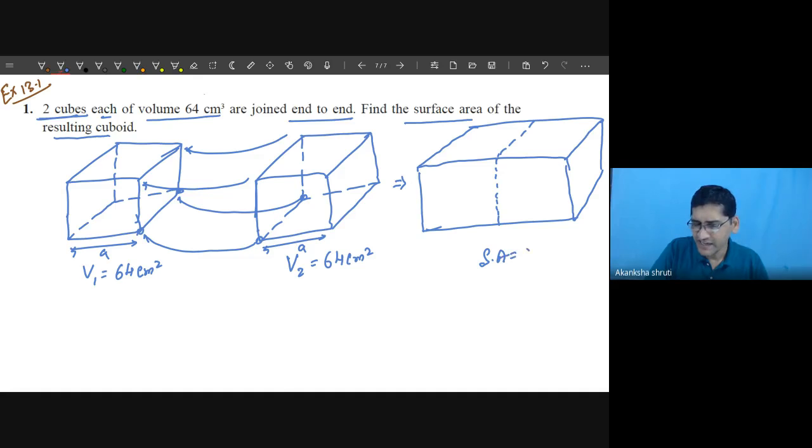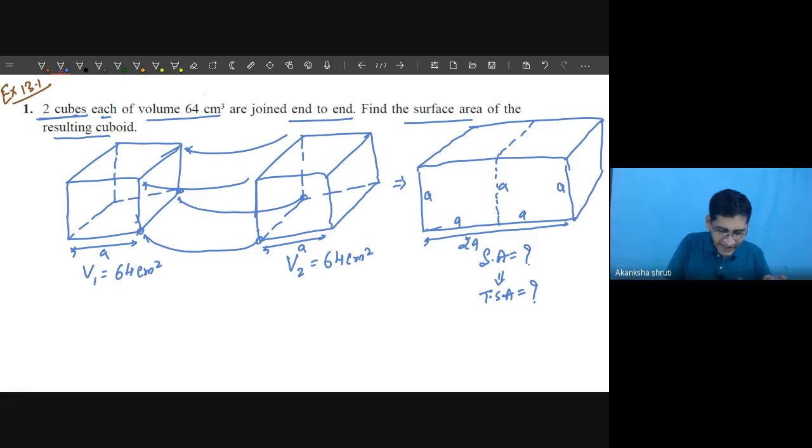What is the surface area? Since surface area is asked, it is basically the TSA. Unless otherwise asked, the default meaning of surface area is the TSA. For calculating the TSA, we need this length. From the initial a and a, this becomes 2a. So we need to calculate a first.